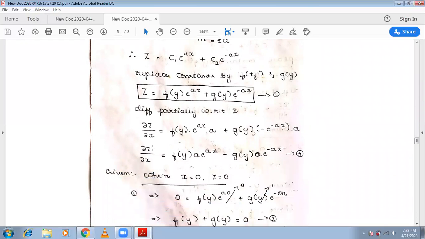Del z by del x is equal to f of y into e power ax, differentiation is e power ax into a, plus g of y into e power minus ax, differentiation is minus e power minus ax into a. Plus into minus is minus. Simplify this, call it equation 2.